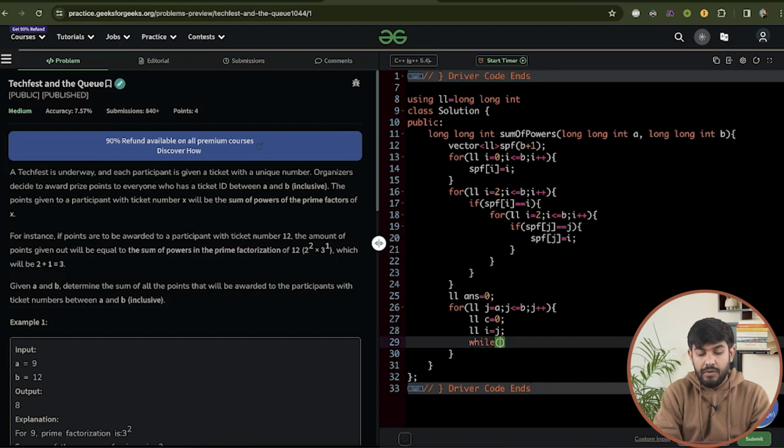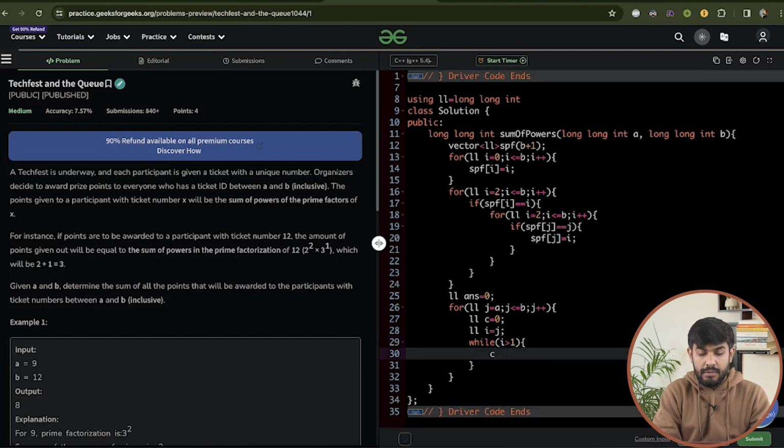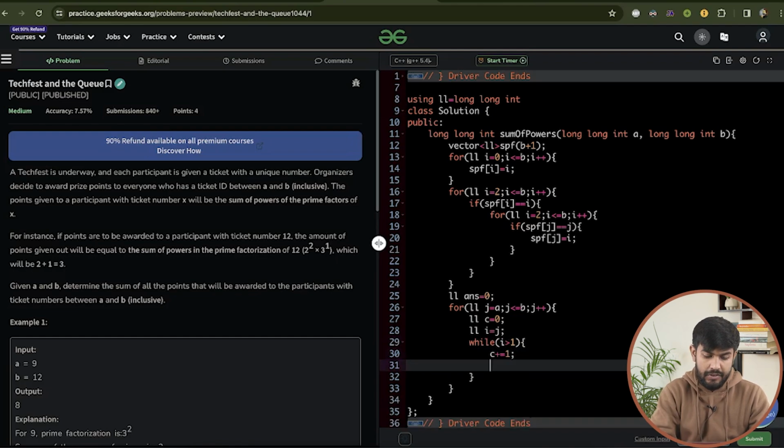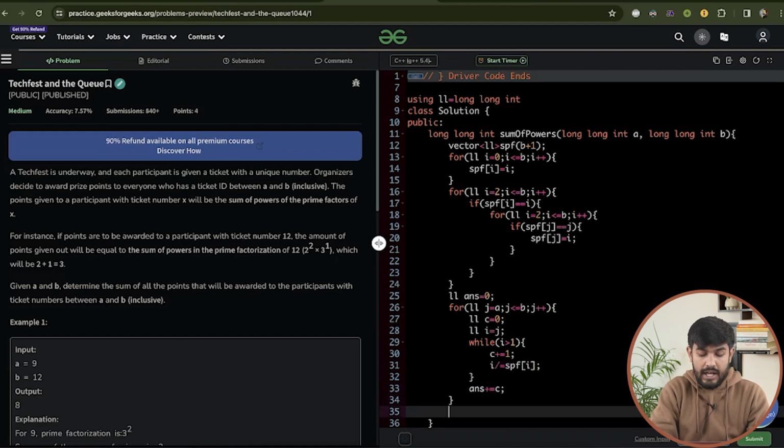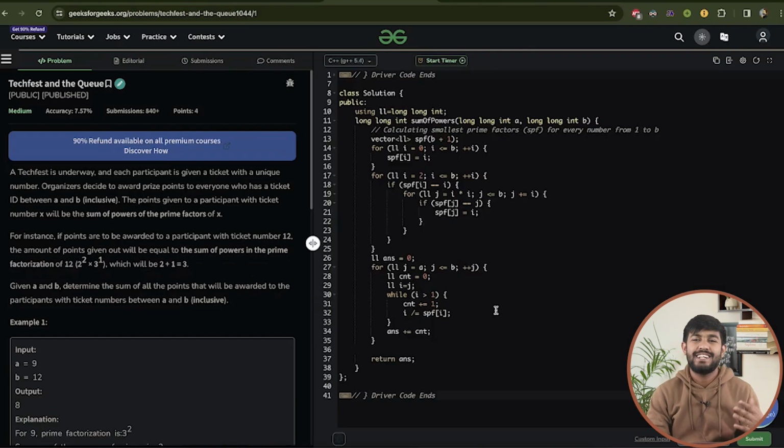And while the value of i is greater than 1, we would keep dividing it. We would say c += 1. Each time we divide, we would add the power, and we divide i by SPF of i. Okay, and then we would say answer += c, and then we would return the value of answer. Now let us see if we can get an AC through this.